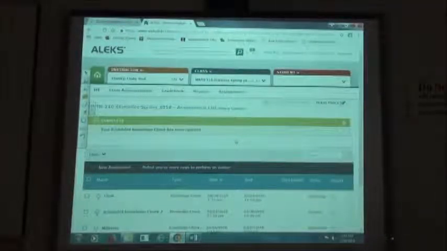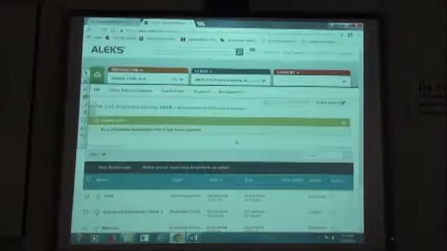Over half? Then you probably don't want me to stop it in the middle. Just so you can work on the Alex calculator, log out of this. Yeah, just log out of Alex altogether. And then we're going to go back into Alex, but I'm going to have you log in with work study, and work study 1, I think it is. We're going to find out. Perfect.